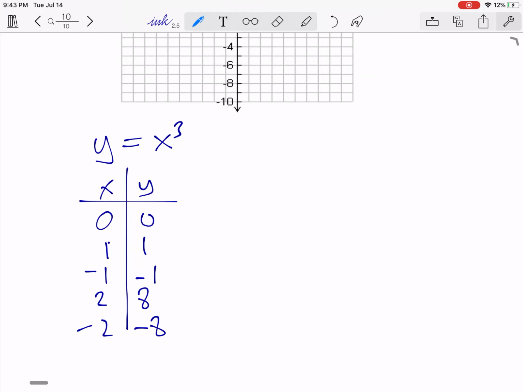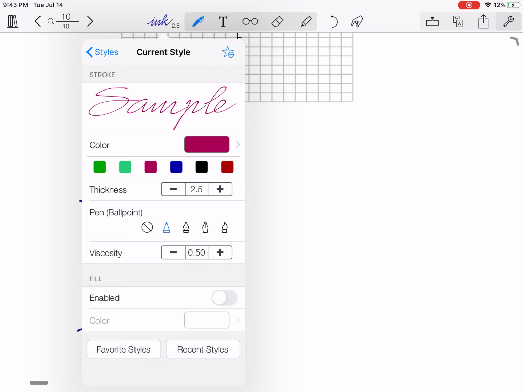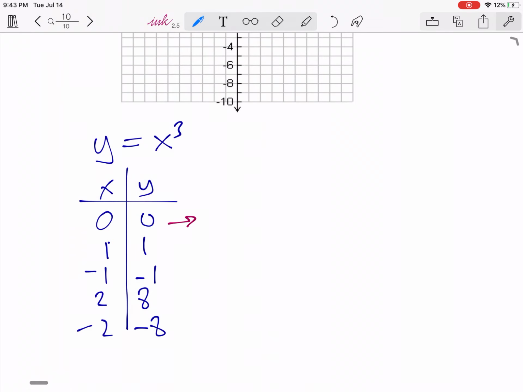Now let's go through what we're doing with the transformations. Remember, when we did this before, we're using our mapping technique. What we do first is take care of stretches and reflections, and then we get to the shifting, horizontal and vertical, the translation.